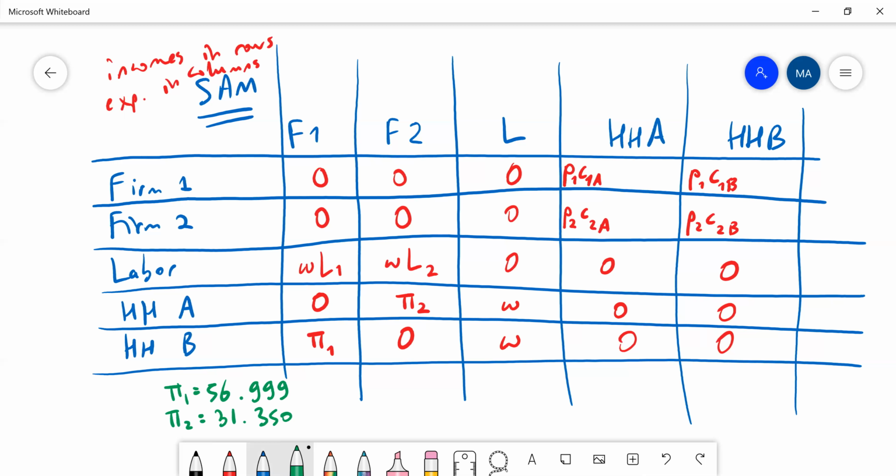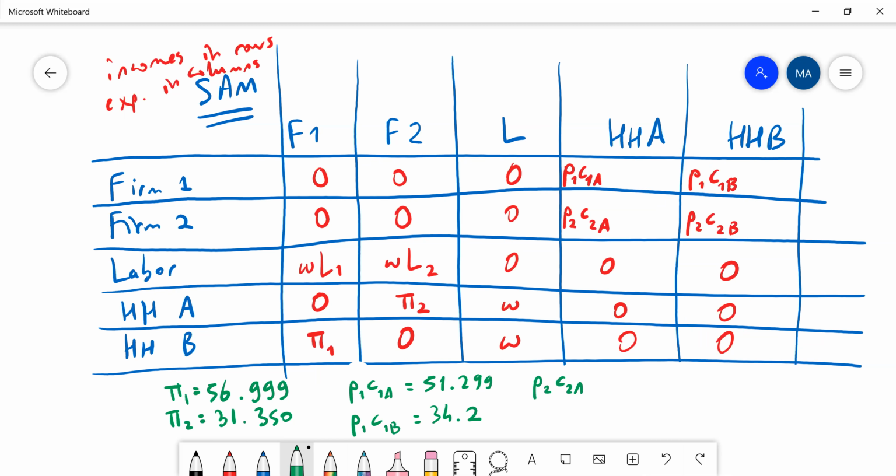Then P1 C1A is equal to 51.299, P1 C1B is equal to 34.2.